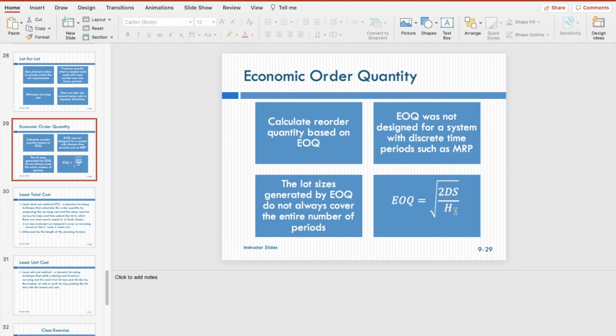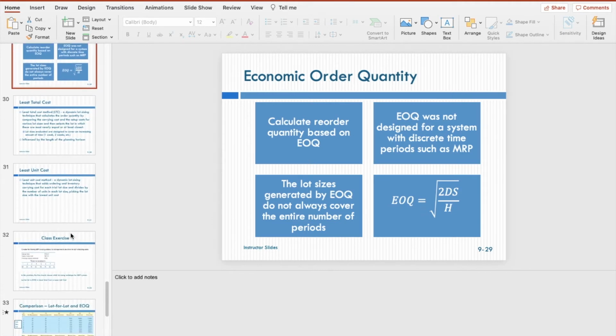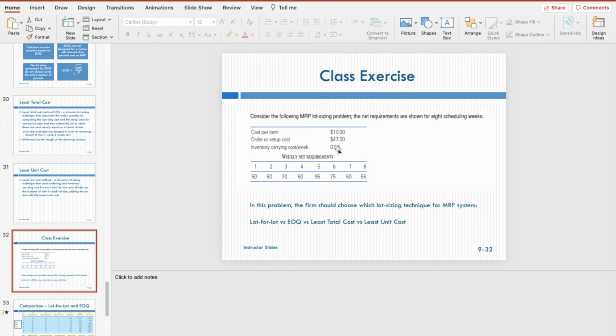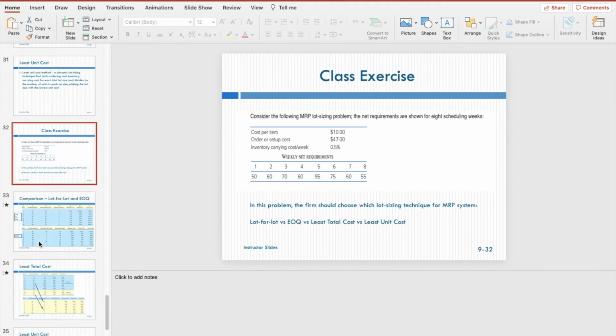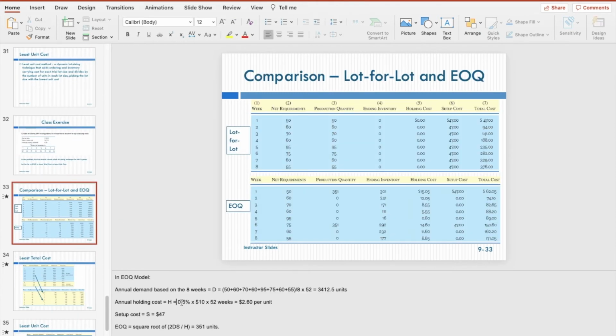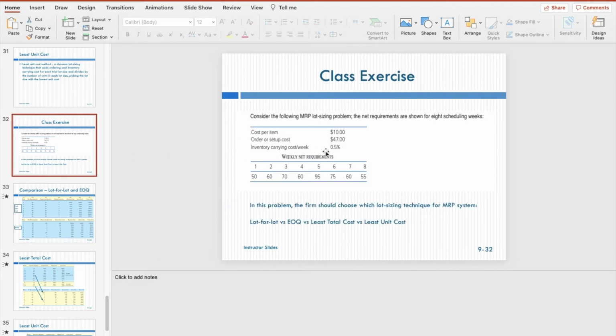H is also the annual inventory holding cost. So you use 10 times 0.5% and then times 52 weeks. As I list here, 0.5% times 10 gives you the holding cost per week, and then you times 52 weeks, that gives you the annual holding cost. That would be H. And we still have another thing, which is the ordering cost or setup cost, which is 47.